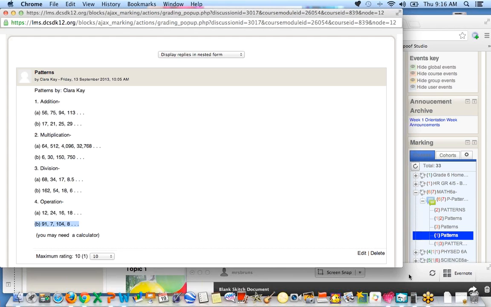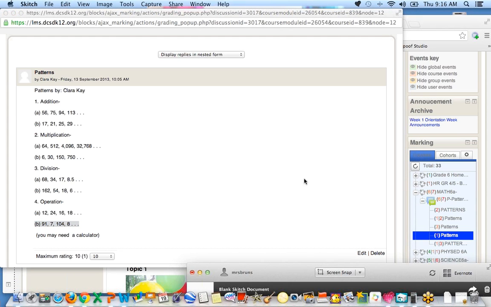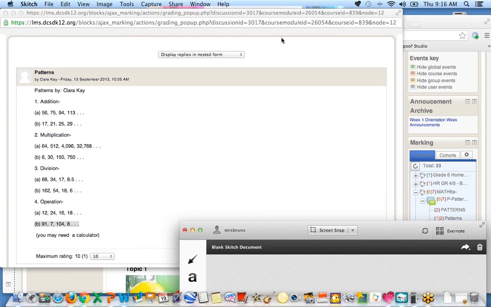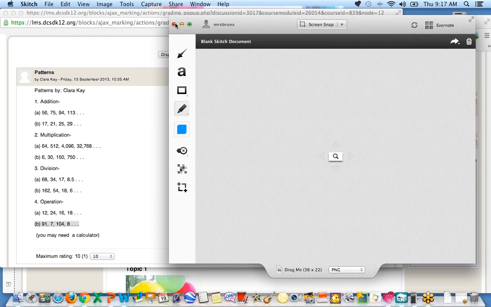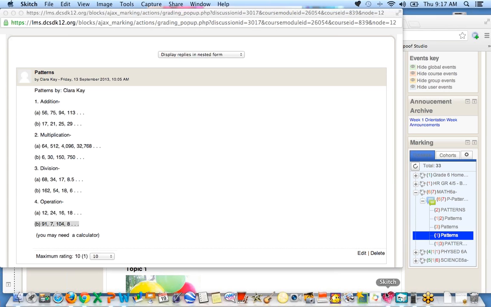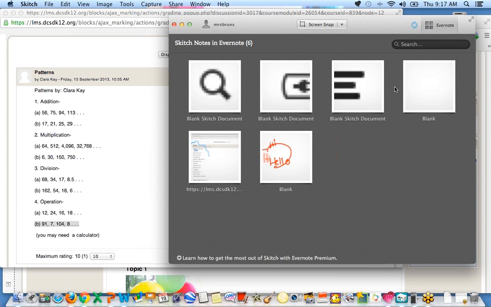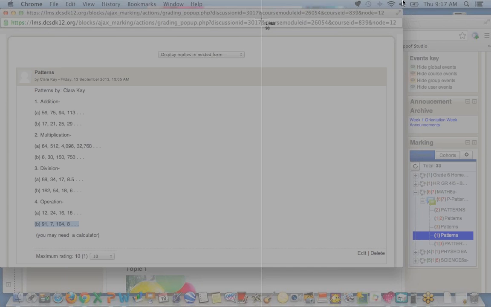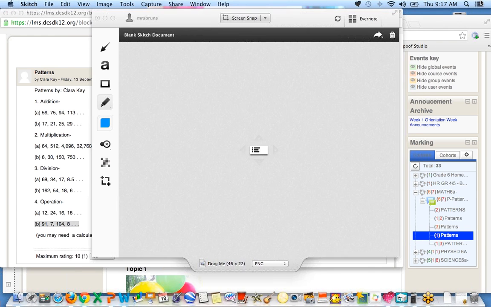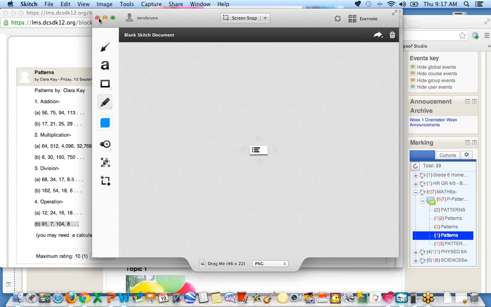No. All right, so right now you should be working on pattern A while I am messing around with Sketch, trying to get a nice blank paper. It's not working right now. Okay, well.